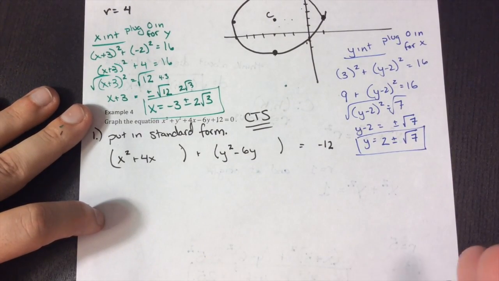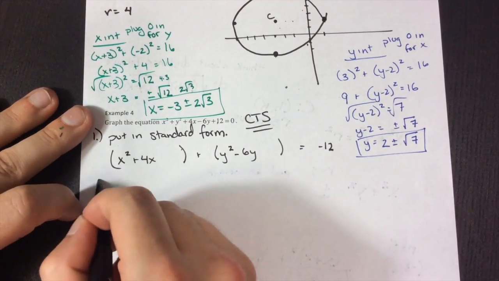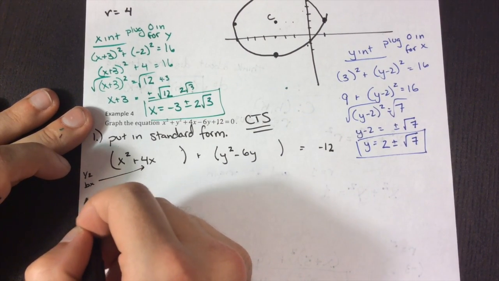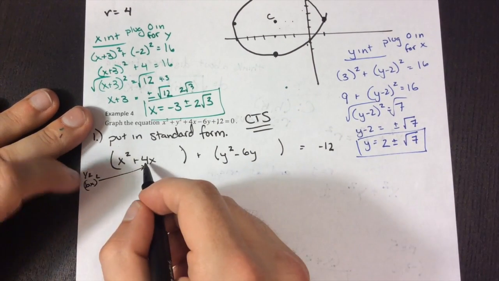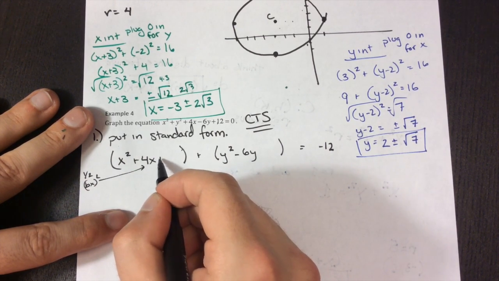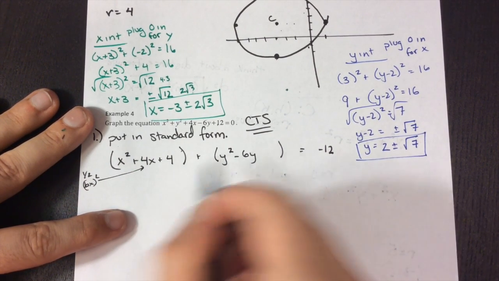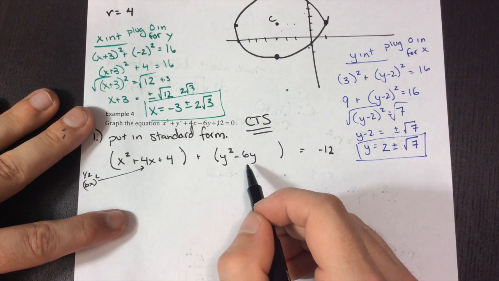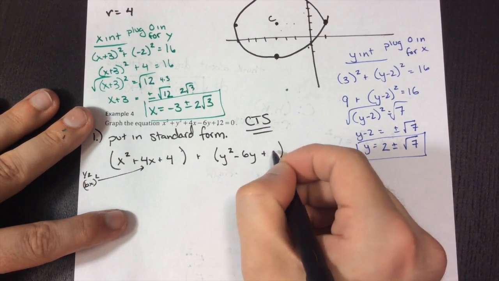Now, if we remember completing the square, we're going to take half the bx term and square it. So what's half of 4? 2 squared. 2 squared is 4. Same thing here. Half of -6, -3, squared is 9.